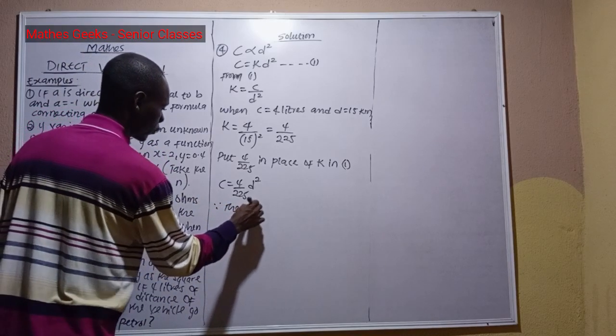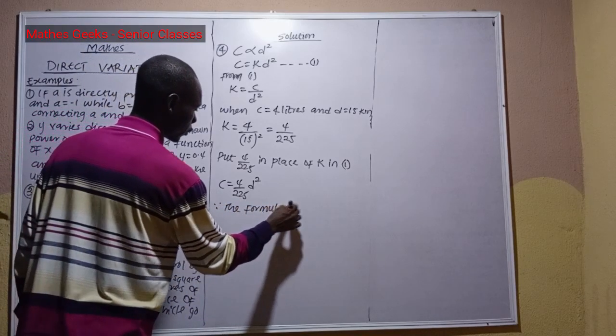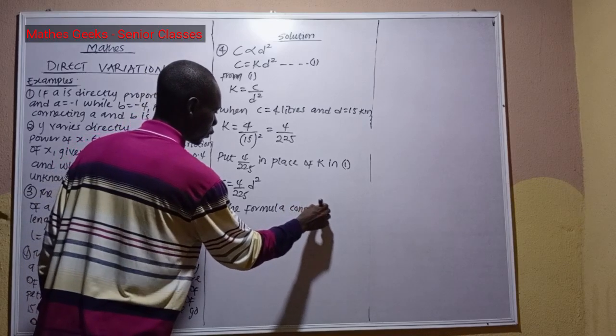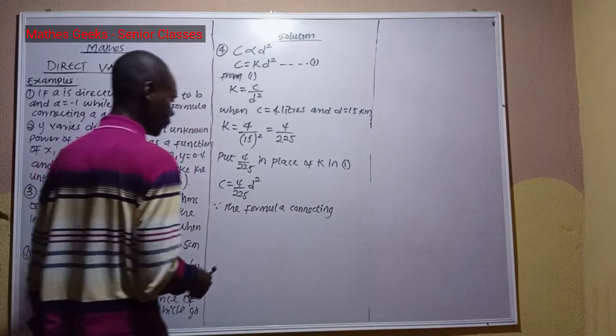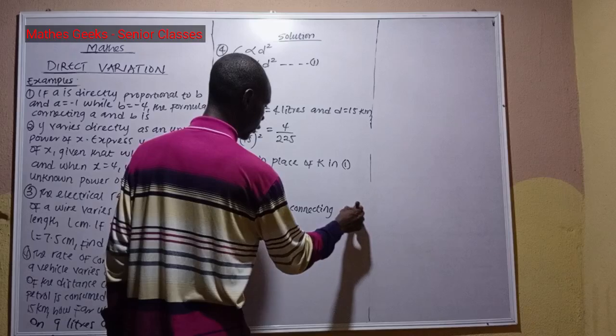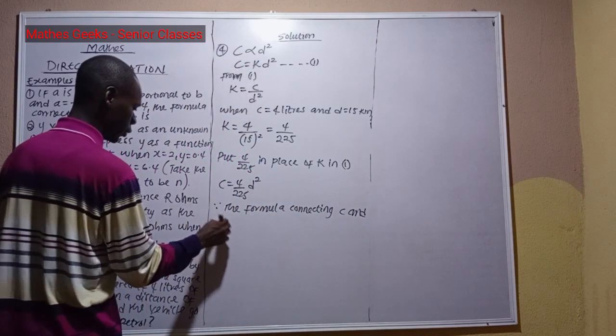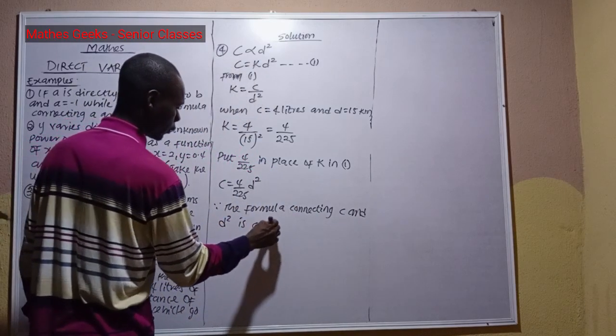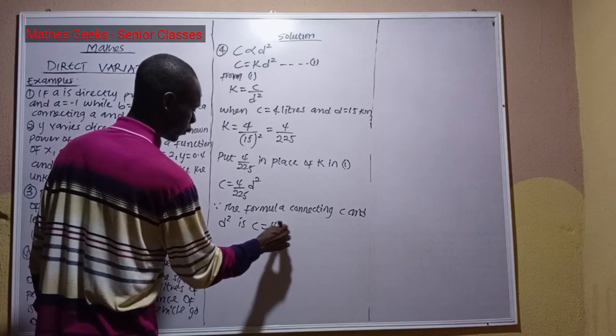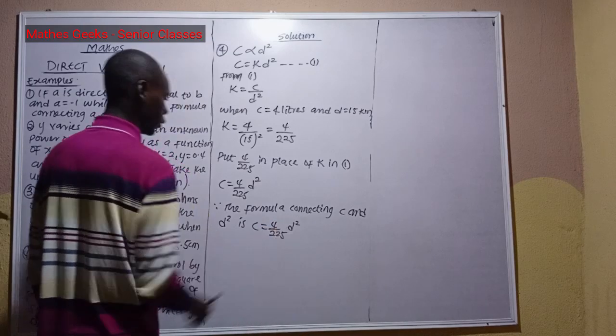Therefore, the formula connecting C and D squared is C equals 4 over 225 D squared.